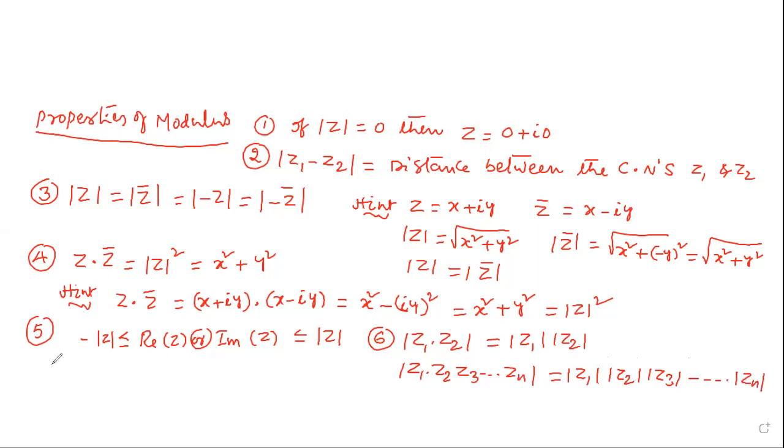Multiplication of moduli is always separated, and division of moduli is also separated. Seventh: the modulus of z1 by z2 is equal to the modulus of z1 by the modulus of z2.